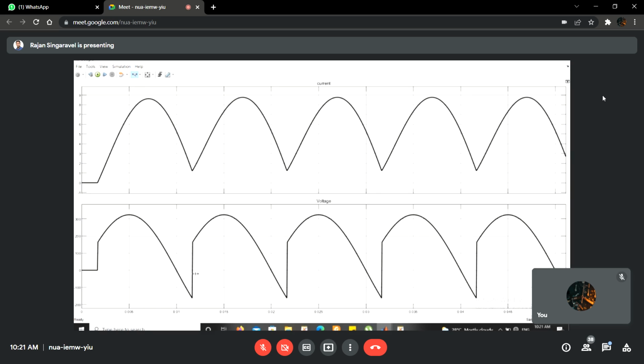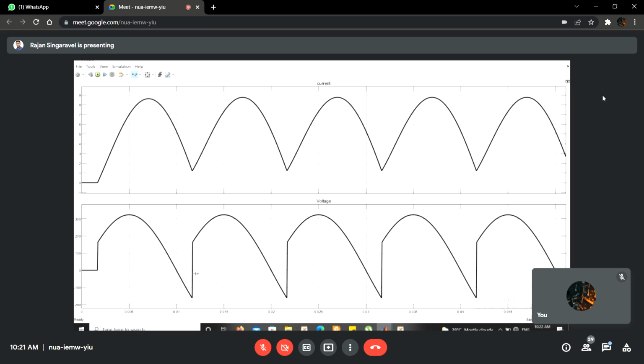The reason, the load angle is increased. This is what I mentioned. Not only by introducing inductor L can we increase the load angle, by reducing the value of R you can also increase the load angle. Up to the load angle, the negative part of the voltage will be available across the load terminal, which is shown in the second waveform here.